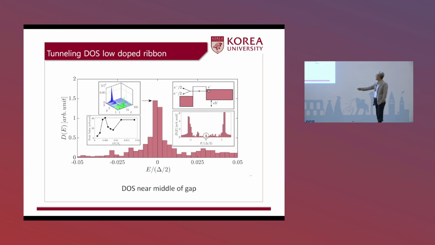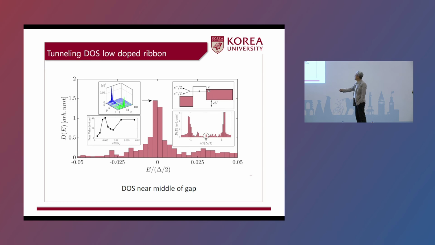And if I blow up, it looks like this. Now, is this good evidence for the existence of fractional charges? Not quite. I mean, there may be some other reasons for this middle peak. So what I propose is you measure the peak value as a function of the doping level.